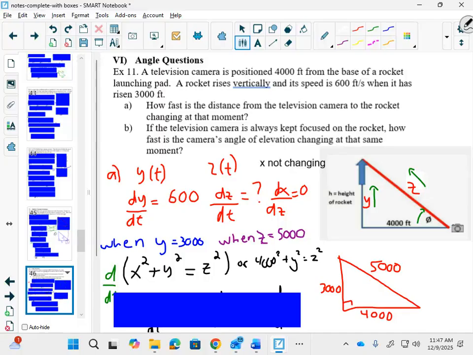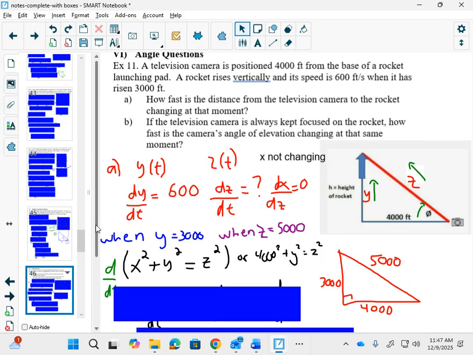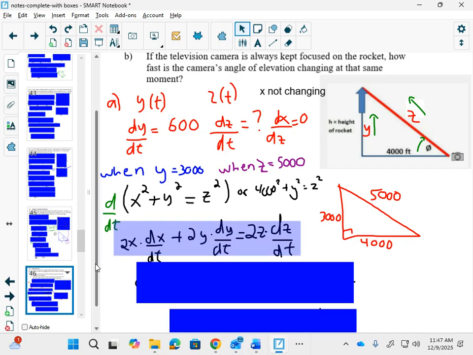because when I take the derivative, if I take the derivative of the first one, I would get 2x dx/dt plus 2y dy/dt equals 2z dz/dt.